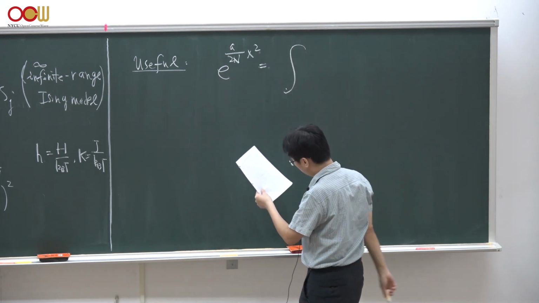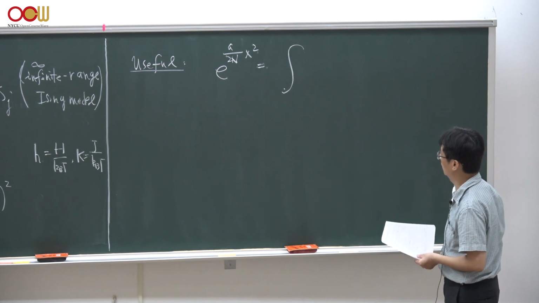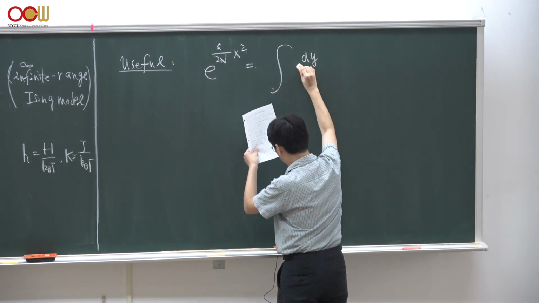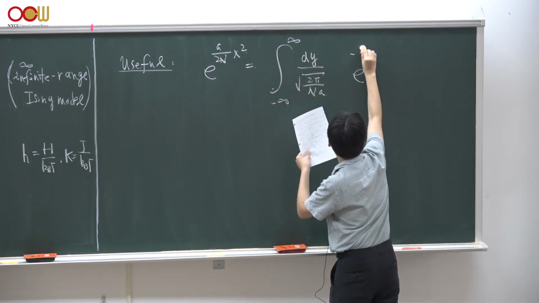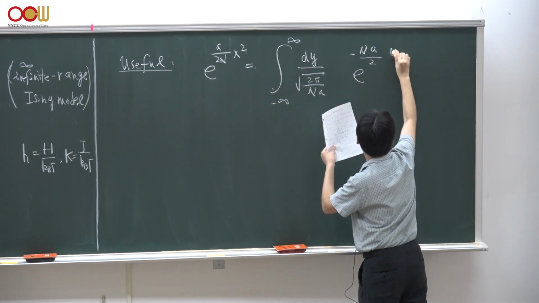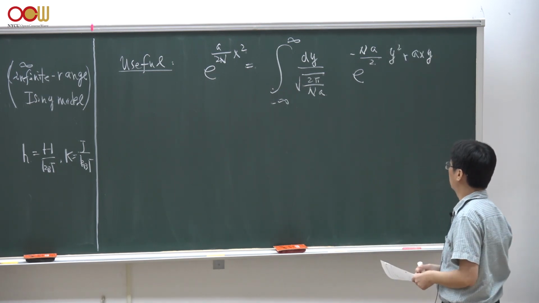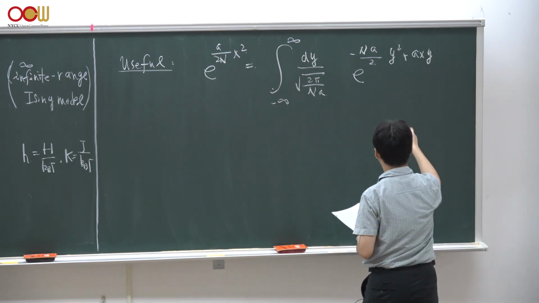The exponential function of x squared in the exponent, multiplied by a prefactor, is given by this Gaussian integral. This integral is for the parameter y. When you evaluate this Gaussian integral over y, you get back e to the a divided by 2N times x squared. So this is called a Gaussian integral.